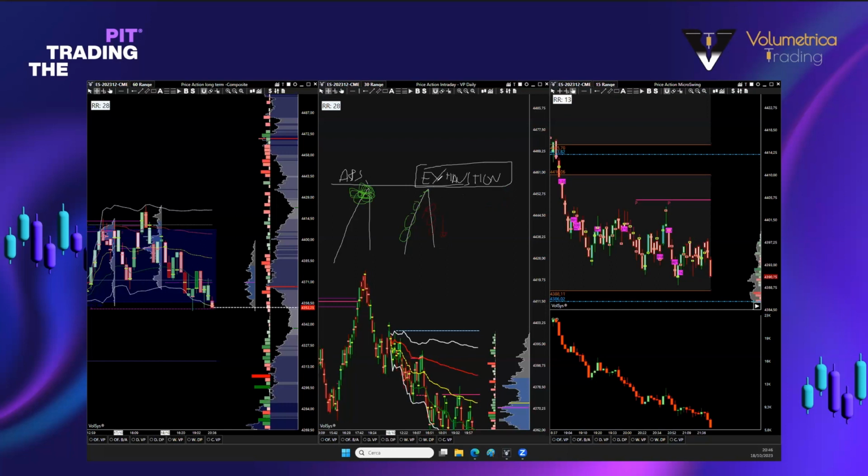If exhaustion is followed by aggression on the other side, we are going to call that from now on an initiative move.